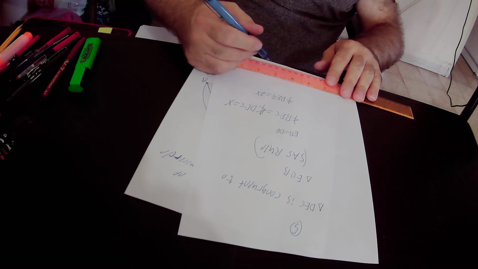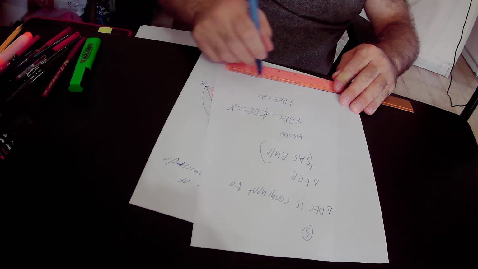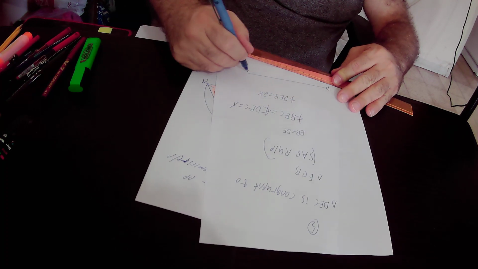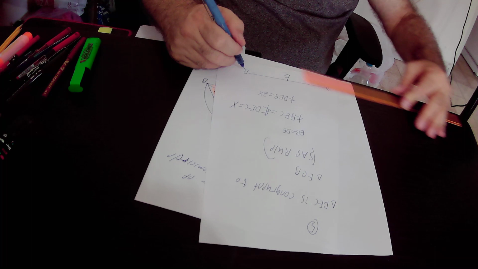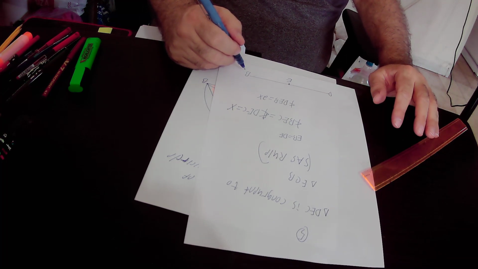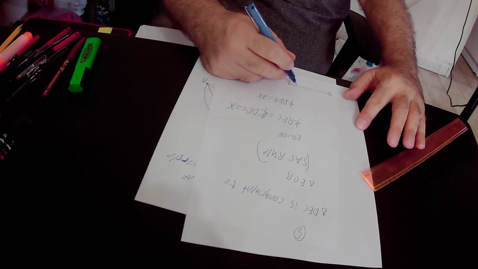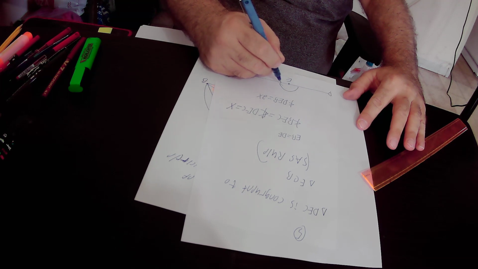Because DB is a straight line, this is angle E, this is point E, and we know that any point along a straight line equals 180 degrees. So this angle equals 180 degrees.